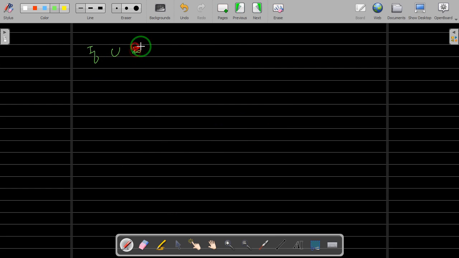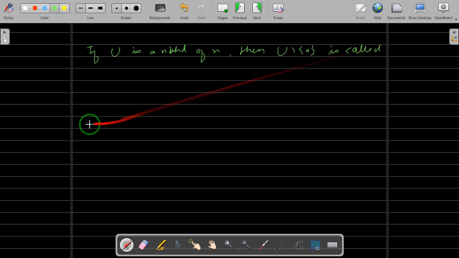If U is a neighborhood of x, then U minus x, where you remove that point x from U, is called a deleted neighborhood of x.